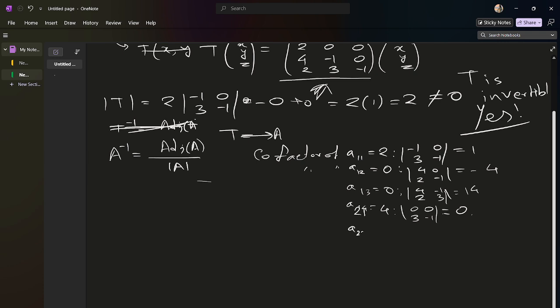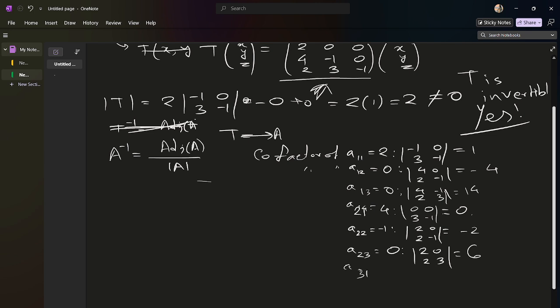Now for A22, the entry is minus 1, and the minor is (2, 0; 2, minus 1), and 2 into minus 1 will be minus 2. So this is minus 2. For A23, the minor is (2, 0; 2, 3), which is 2 into 3 is 6, and minus 0, so it is 6.